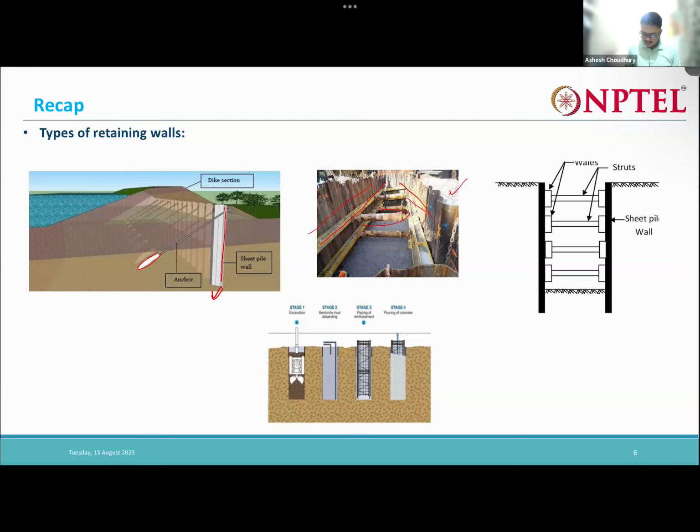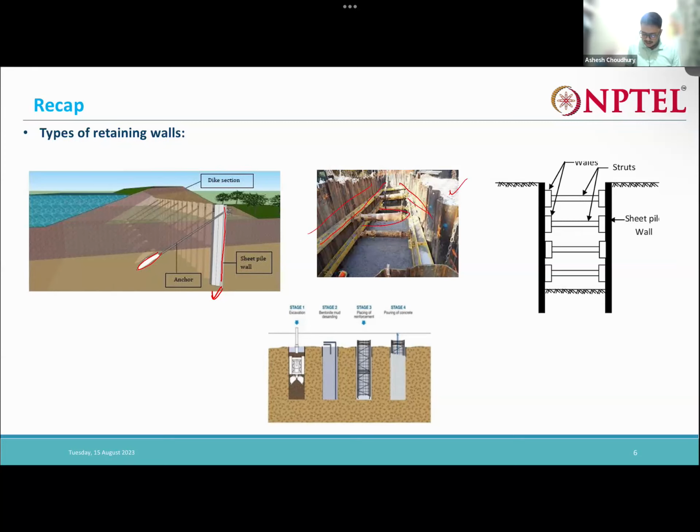Gravity retaining walls that we saw can be constructed only up to say 2 to 3 meters. RCC cantilever retaining walls may be up to 10 meters high. But reinforced soil retaining walls can be constructed up to huge heights, almost 100 meters.